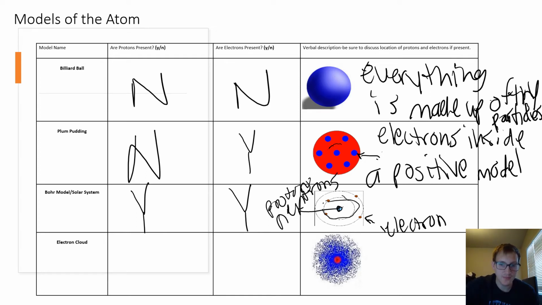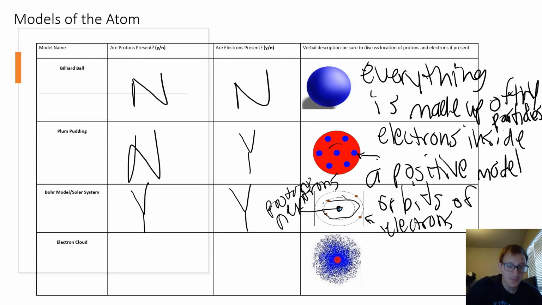We also draw pictures of this model a lot just to see the different levels of the electrons. This is the one that has to do with all the orbits of electrons. So all the electrons are orbiting the positive nucleus.